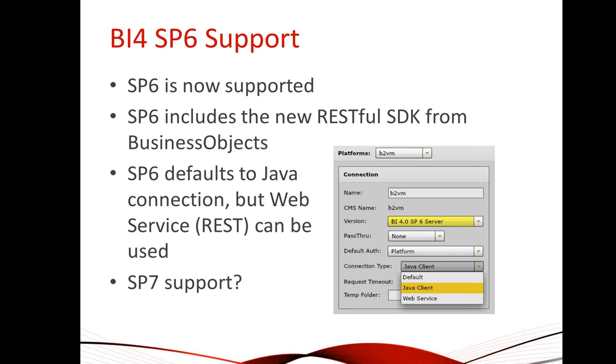So we did some preliminary testing, and what we can say is that service pack doesn't look to have any major breaking issues. Although 122 officially supports SP6, you can use it against SP7. It is supported. It is validated, but there are no changes that we think will keep you from using it.